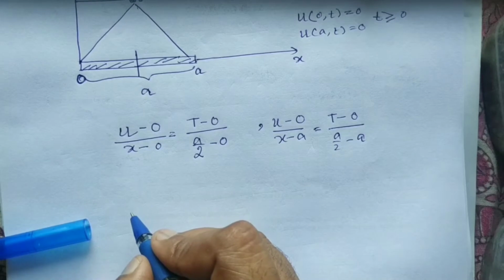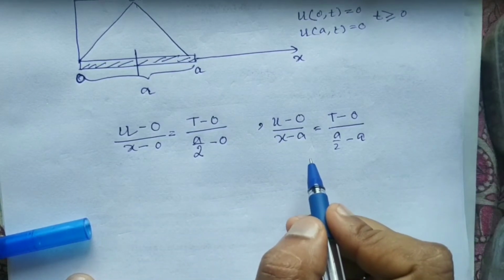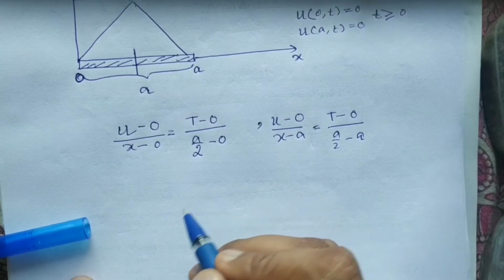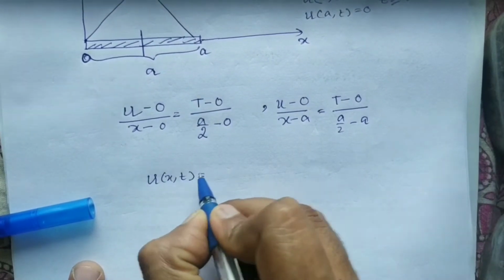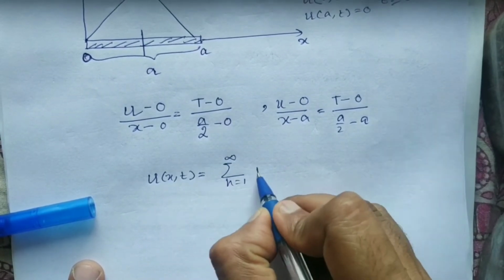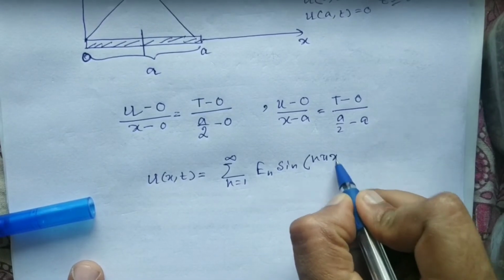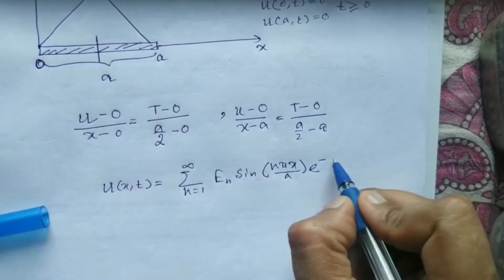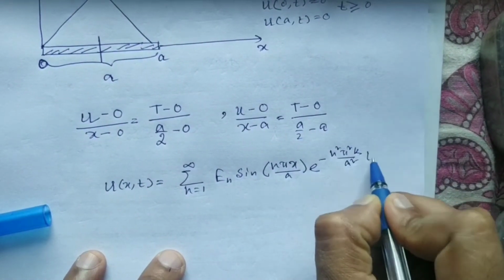Now suppose this function we call f(x), and as we have already solved, the solution should look like u(x,t) equals the summation from n equals 1 to infinity of E_n sin(nπx/a) e^(−n²π²kt/a²).